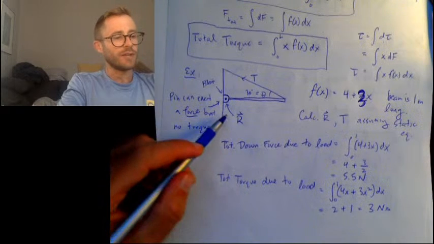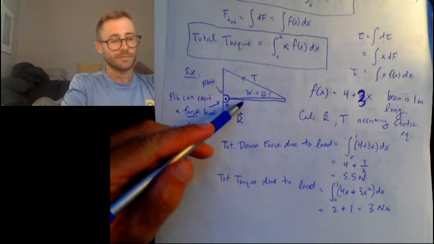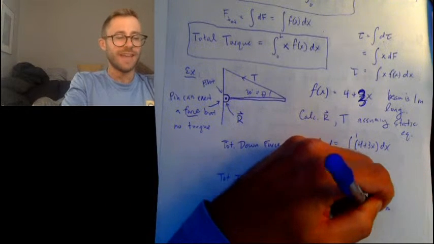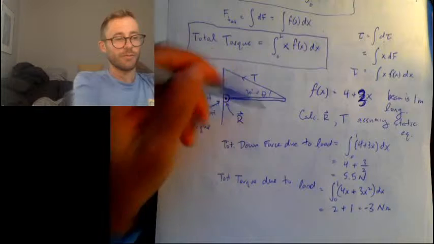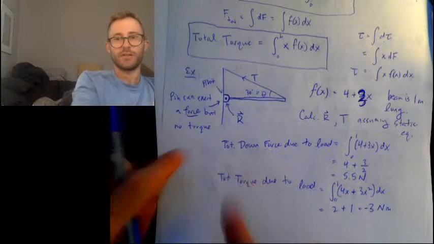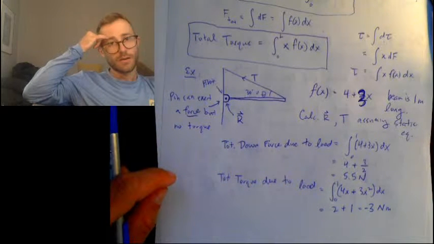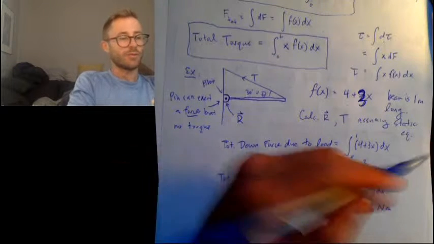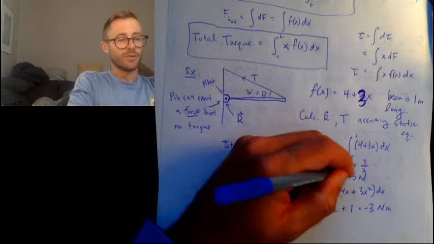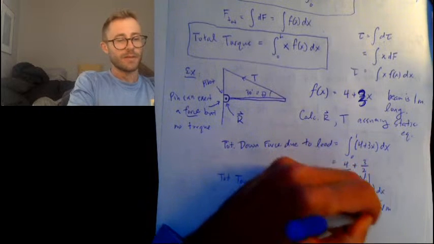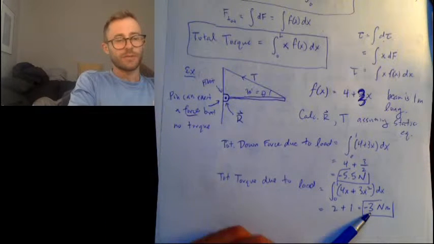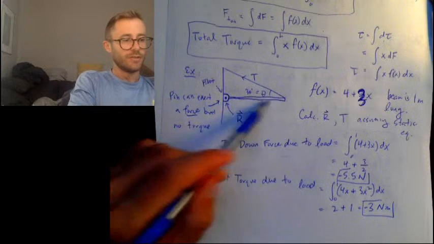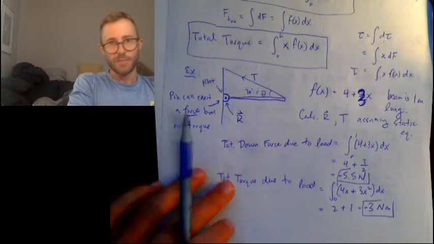And I should keep in mind that this is a downward force. So the torque is actually negative 3, because a downward force would cause this beam to rotate in the clockwise sense. So that's a negative torque. And the force is also downward. Okay? So this is the torque, and this is the force due to the load that is due to stuff sitting on this beam.